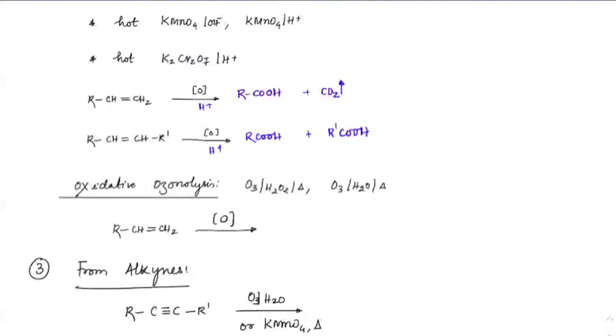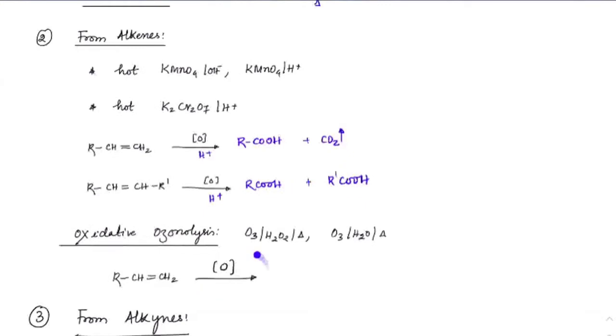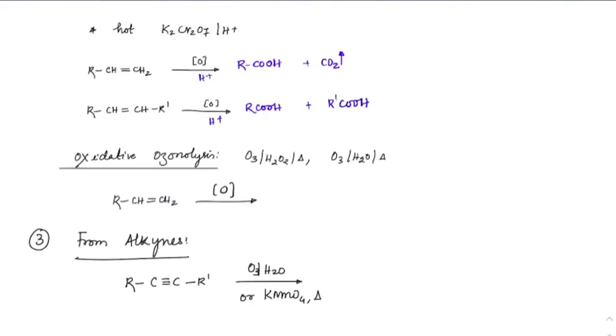Instead of using these oxidizing agents, we can go for ozonolysis as well. But what kind of ozonolysis? Oxidative ozonolysis. So if we go for oxidative ozonolysis also, we will see the bond breaking happens. We'll get RCOOH plus, if it is a single carbon, it will end up as HCOOH. Got it?